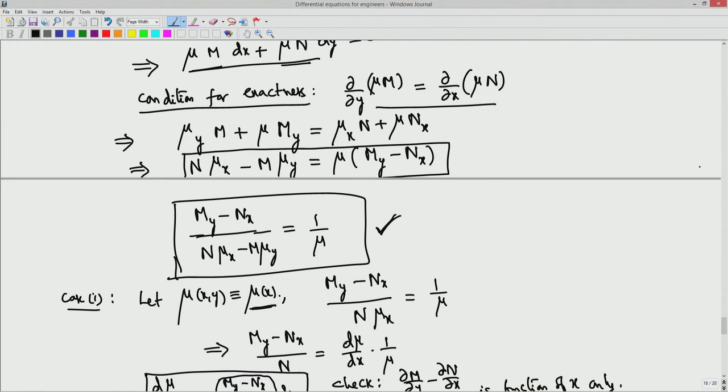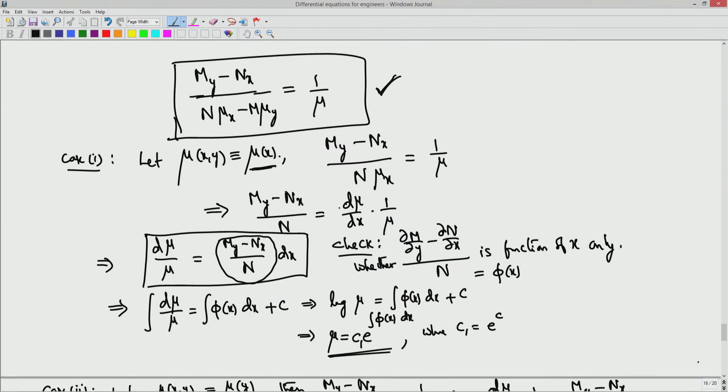Because you have two independent variables x and y, if I view this as a differential equation, you have two cases. When you look for mu as a function of x alone, this has to be a function of x alone. So you can check this condition, then you can find such a mu. You can take C1 as 1, that gives you e power integral phi x, as your integrating factor.